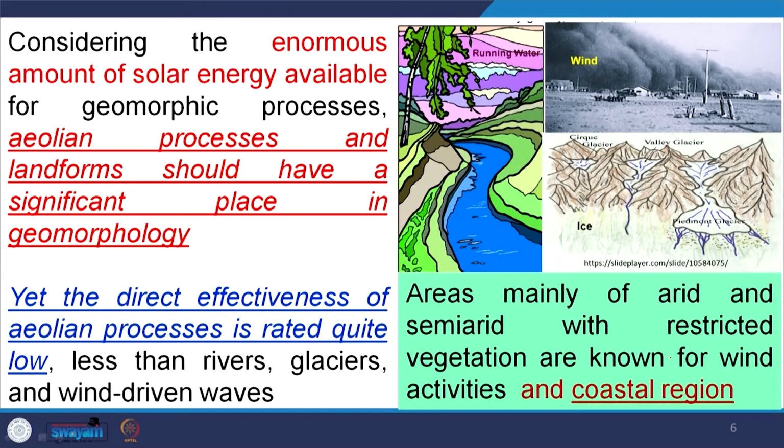Considering the enormous amount of solar energy available for geomorphic processes, Aeolian processes and landforms should have a significant place in geomorphology. However, as discussed so far, wind is restricted either to the arid region or to some part of the coastal region.